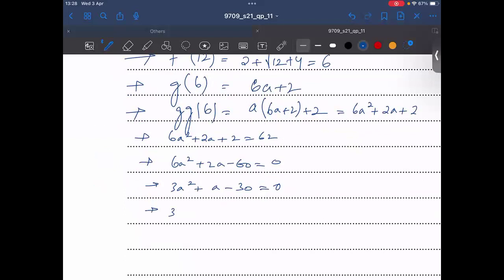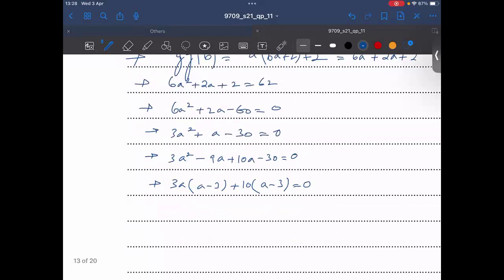And it's going to be 90, so 10 nines are 90: 9 minus 9a plus 10a minus 30 equal to 0. So you're going to have 3a minus 3 plus 10a minus 3 equal to 0, which is 3a plus 10 and a minus 3 equal to 0. We're going to have a as minus 10 over 3 and 3.